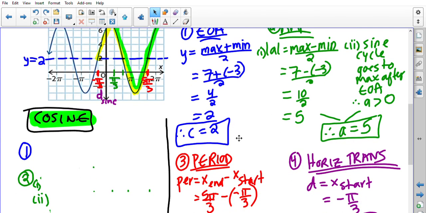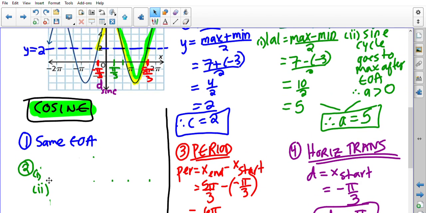So if we've already done this work, you should notice that for cosine and sine, the equation of the axis should always be the same. Okay, so I know it's going to be the same as here, so it's going to be 2. Now the a value is where things could change. The value can't change, but the sign can. So the amplitude is going to be the same, so 5.